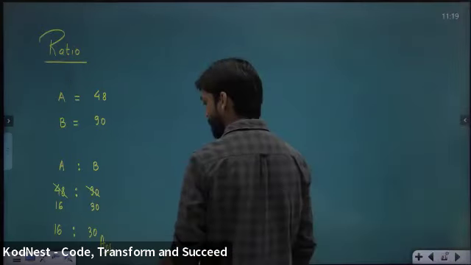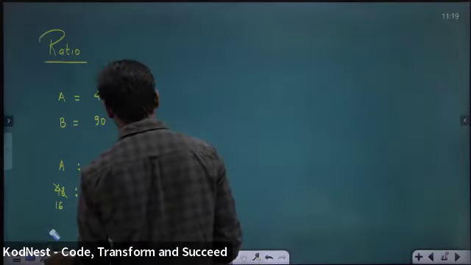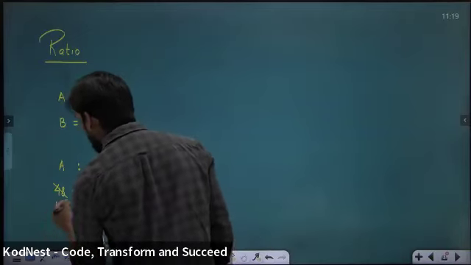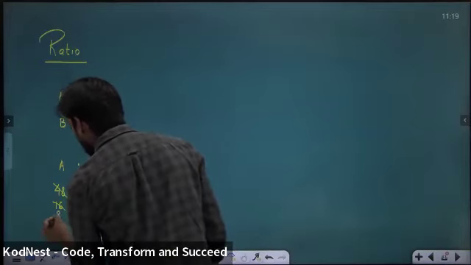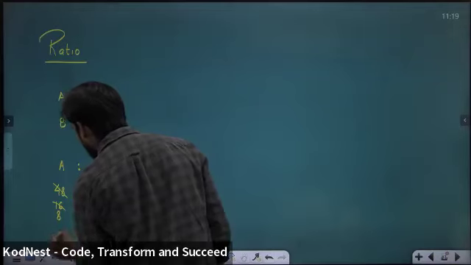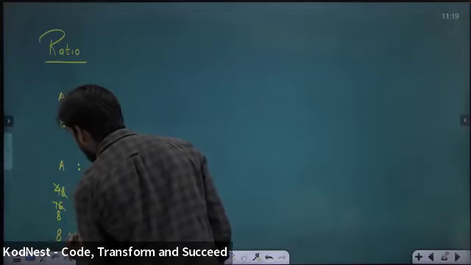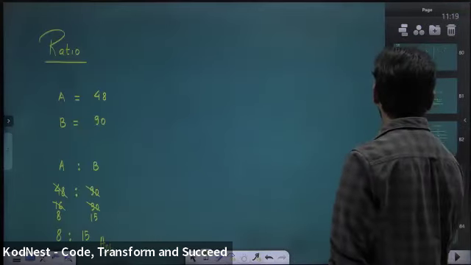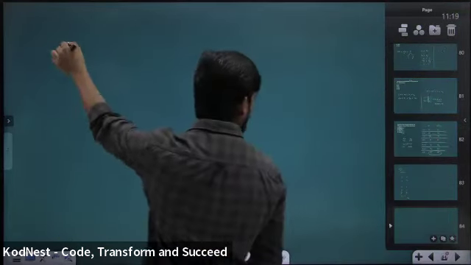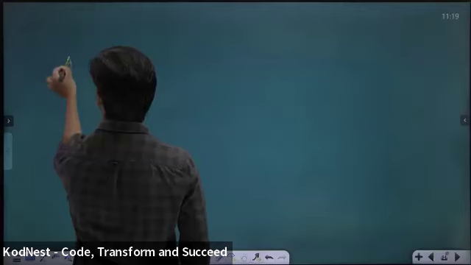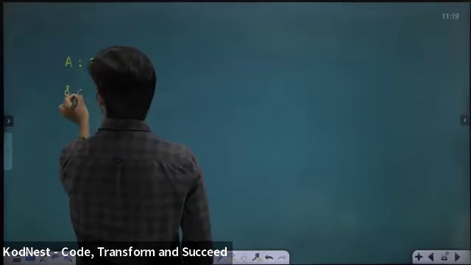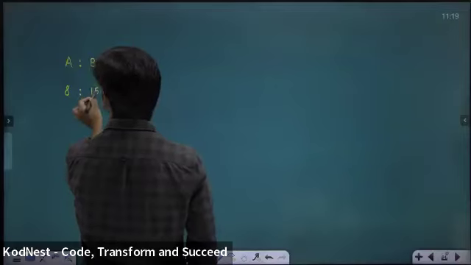Sorry, I mistook it. So I cancelled 3. Now I can cancel 2 also. 8 and 15. Okay, 8 ratio 15 I will say. Now suppose there is a ratio A ratio B, 8 ratio 15.